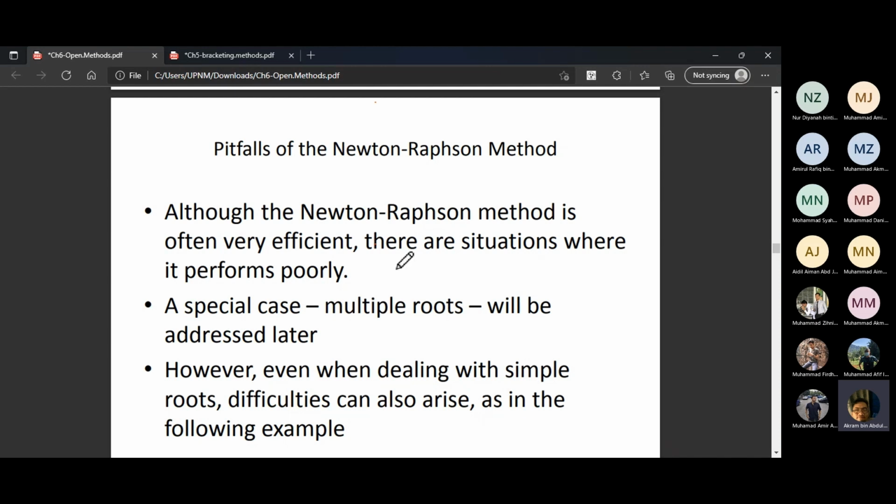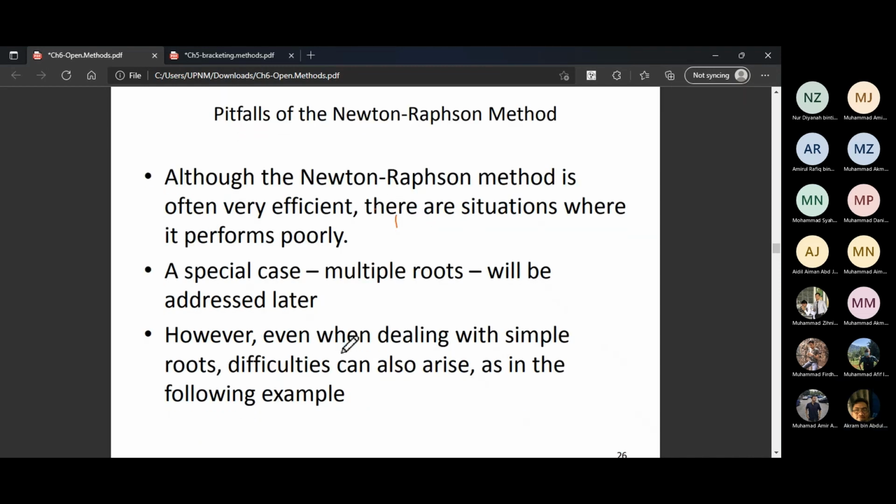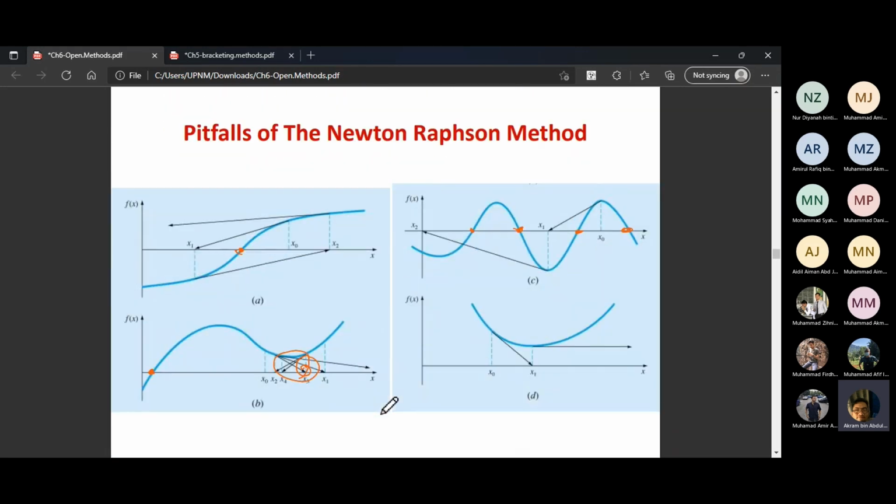We'll find how this Newton Raphson cannot be used or is inefficiently used to solve multiple roots. So we will see this case later on. Somehow or other, there are sometimes even when we're dealing with simple roots, difficulties can also arise. So we can see in the following example.